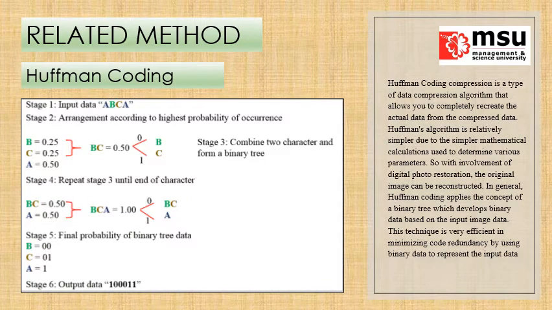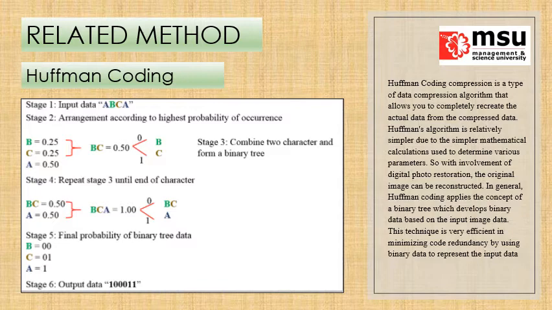Related methods used were Huffman coding and discrete wavelet transform. Huffman coding compression is a type of data compression algorithm that allows you to completely recreate the actual data from the compressed data. Huffman's algorithm is relatively simpler due to the simpler mathematical calculations used to determine various parameters.